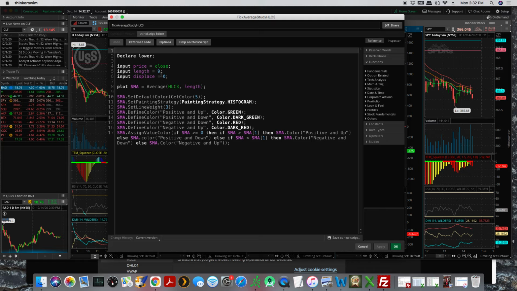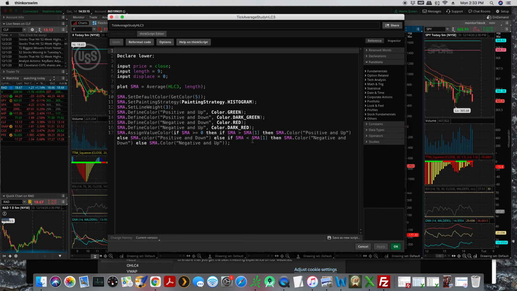Basically, there are 4 different conditions. If the SMA, which is the calculation of the last 9 averages, is positive and greater than the prior SMA, we're going to do positive up, which is a green color. Else, if it's positive and it's not greater than the prior one, we're going to be positive and down, which is a dark green.